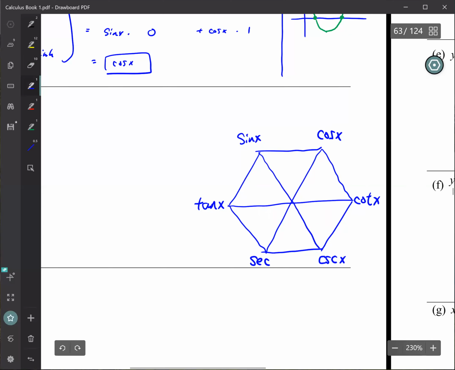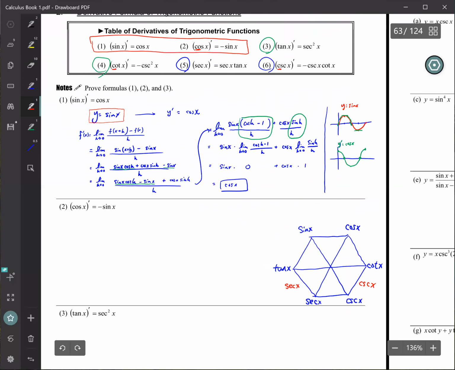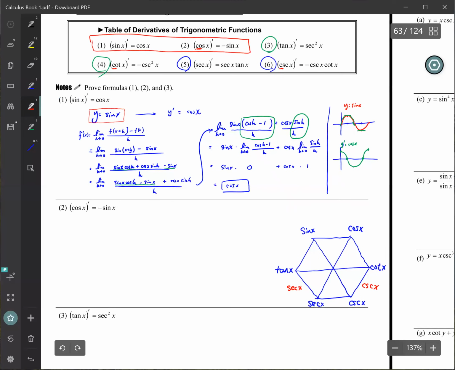So what we are going to add in is the secant x on the left side, and on the right side, we are adding a cosecant x. And remember at the beginning, Jeffy said all the co-functions have negative, right? So look at the hexagon.